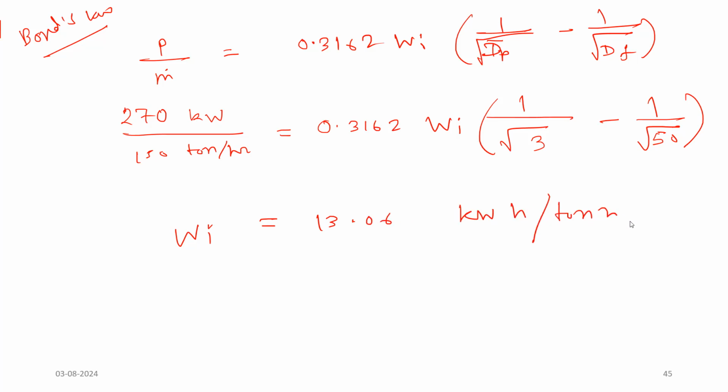Okay. In the second part of the question, we are using the same equation, same instrument, same feed rate of 150 ton per hour, and the work index we know. Same instrument means the same work index will be used.